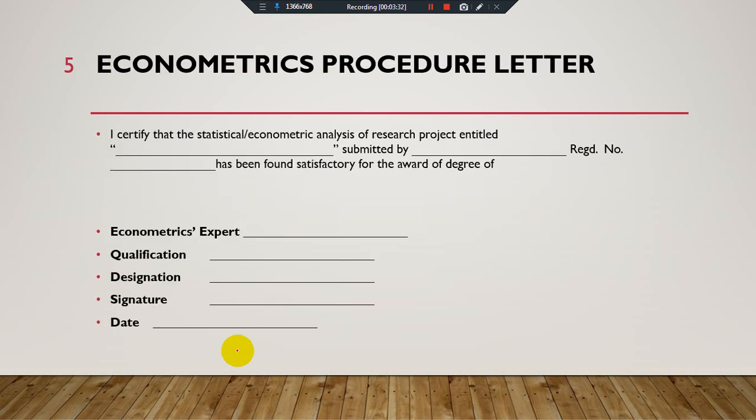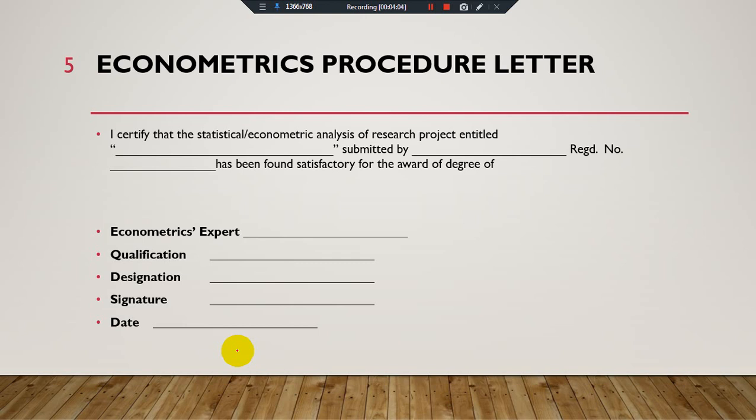And after the plagiarism report you have to provide an econometric procedure letter. In this particular form you have to get the help of an econometric expert who will certify that all of your econometric procedures have been done accordingly, so that no manipulation has been done in the econometric procedure.